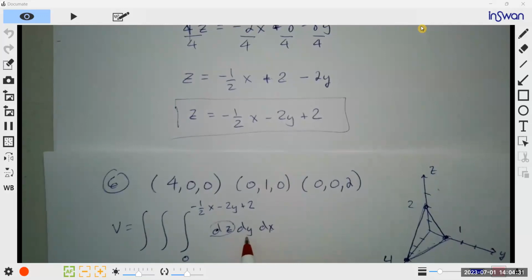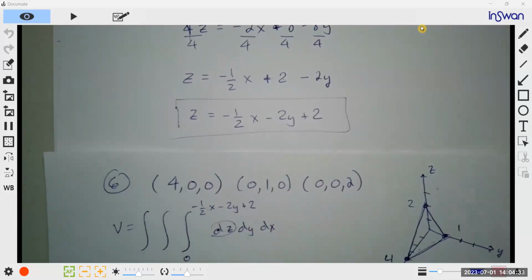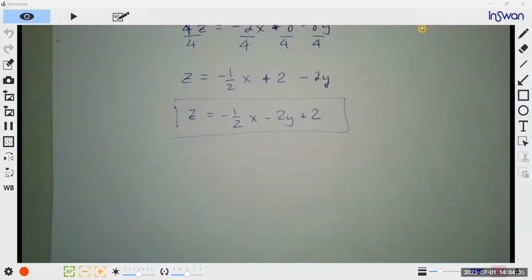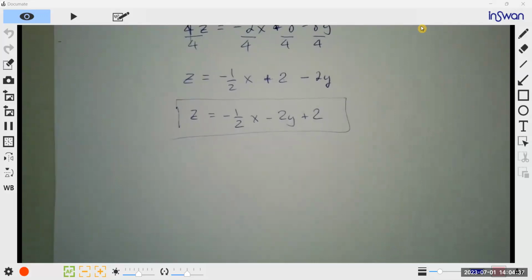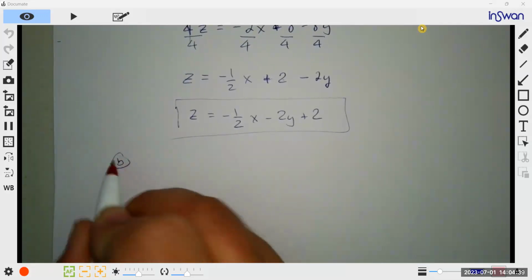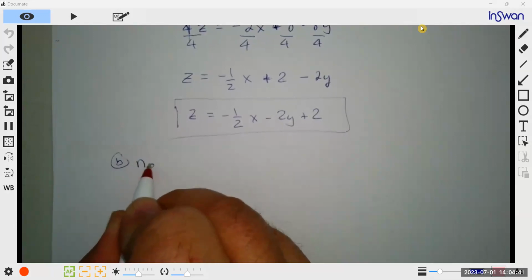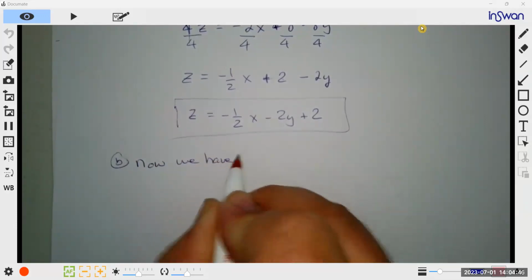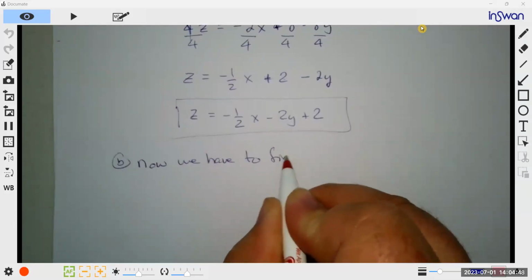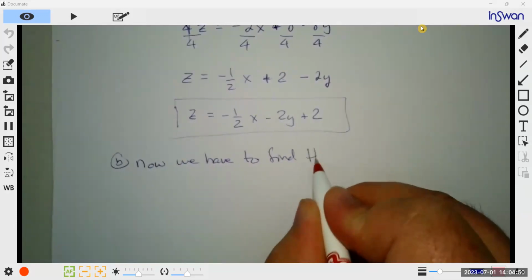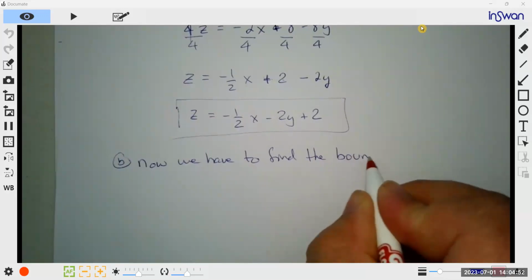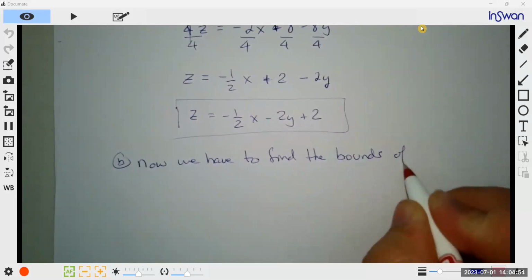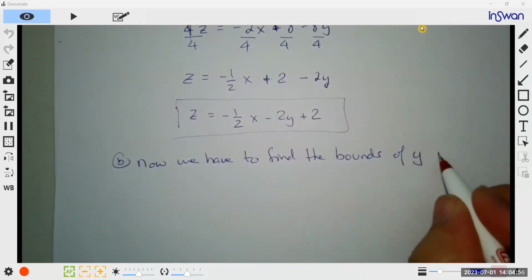Now we have to find the bound for y. Step B. The bounds of y.